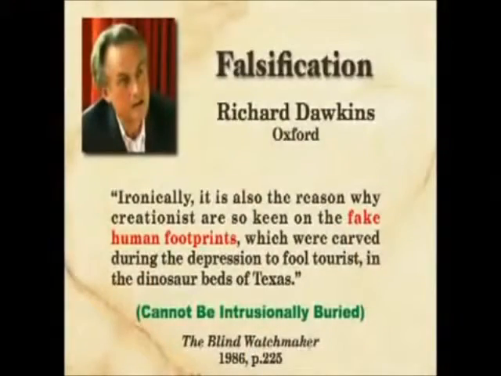He refuses to come look, but he's sure that they're fake, but understands that if they were real, this would falsify and utterly destroy. And of course, one of the main reasons for the interest is that you can't intrusionally bury footprints, can you? They are where they are. You can't erode them and redeposit, and they don't fall down cracks. And so this is really better evidence than the bones, which he understands.